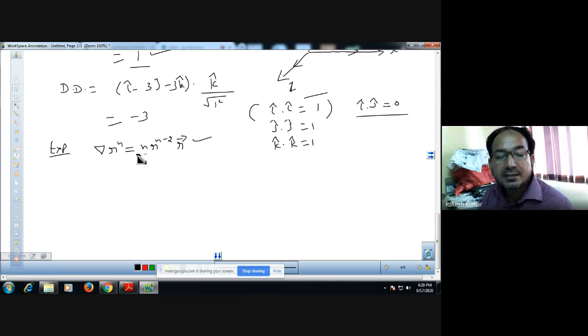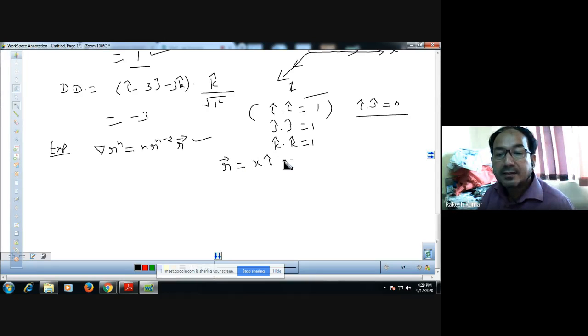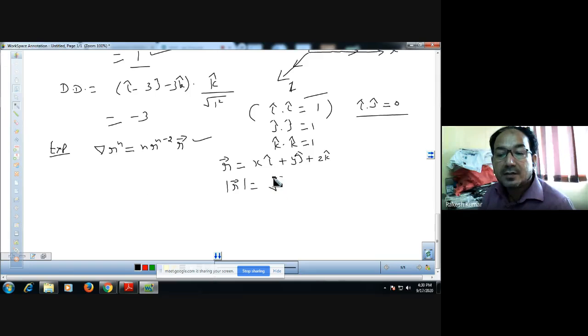Prove that, in this example, the gradient of r raised to power n. And we know what the vector r is? The vector r is the standard vector x i cap, y j cap, and z k cap. This is the standard one, and you can find its magnitude, and we know that it is x square plus y square plus z square.